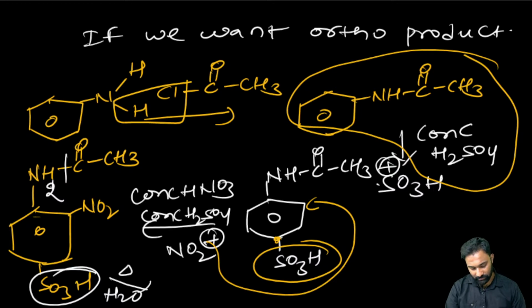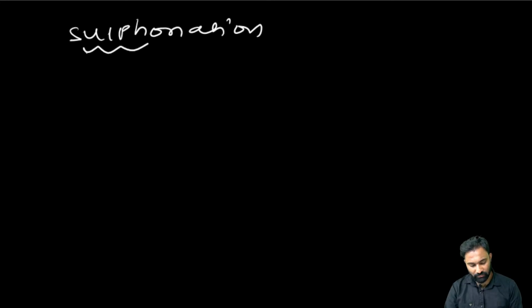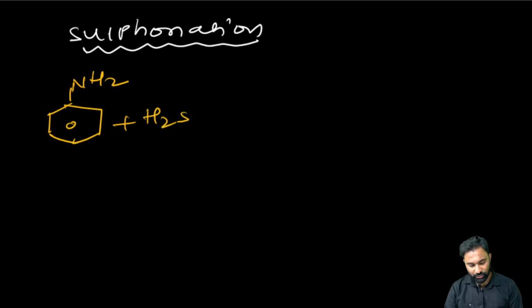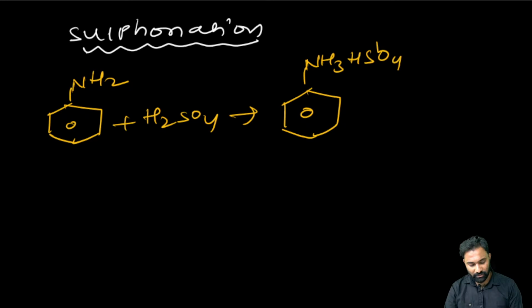Now the next one, we have the sulfonation reaction. In this sulfonation reaction, we have aniline in the presence of H2SO4. First, the nitrogen lone pair of electrons will readily abstract the electrophile, right?